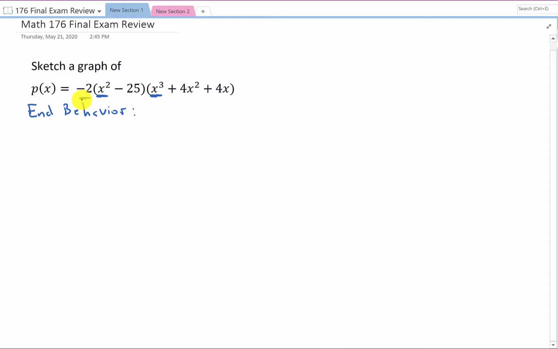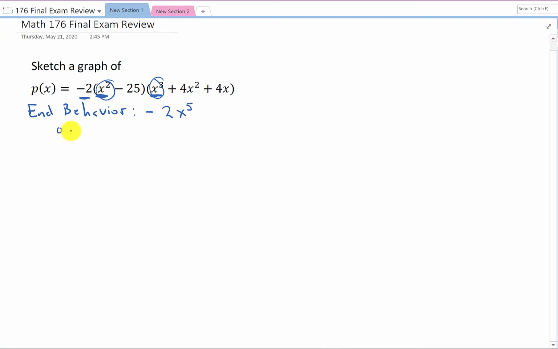And all of it is multiplied by -2. So if we were to distribute and multiply this whole thing out, we would find all the terms, but we don't need all the terms. We just need the leader, which is -2x to the 5th power. I did that by taking the leader of this one, the x squared times the x cubed. That made x to the 5th and times -2.